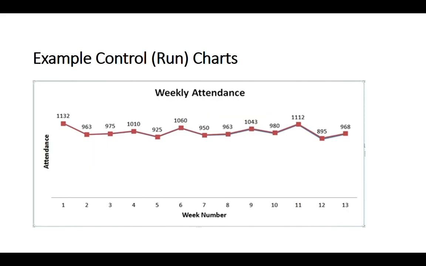For example, this one was plotting attendance by week, attendance of workers in each week. This one went ahead to connect the points. 1132, this is the attendance in week 1, the number of employees who attended work. Then we see that in week 2 they dropped, and almost all through they did not recover. They began high, then kept on dropping.